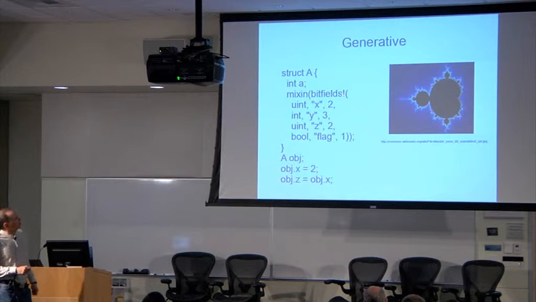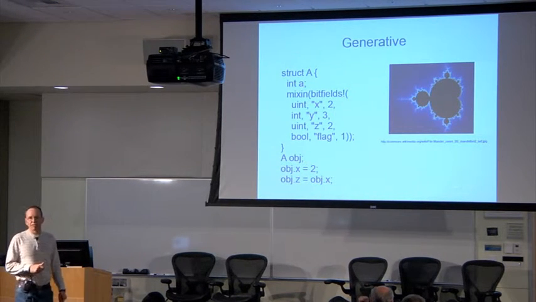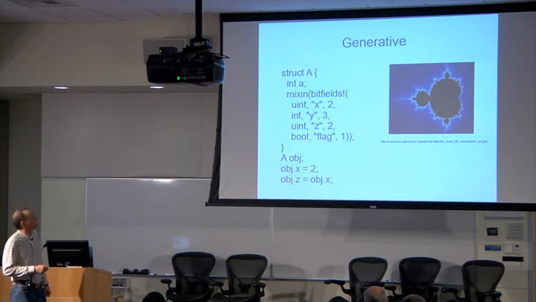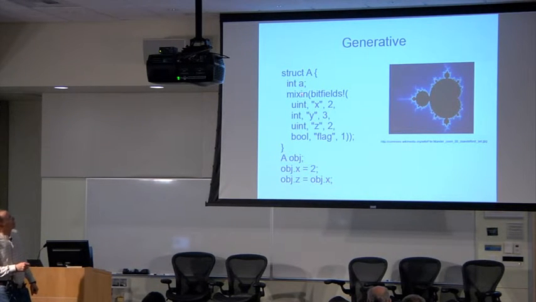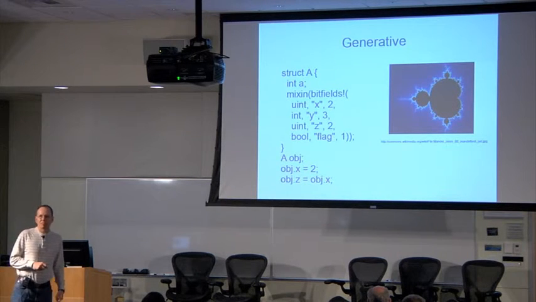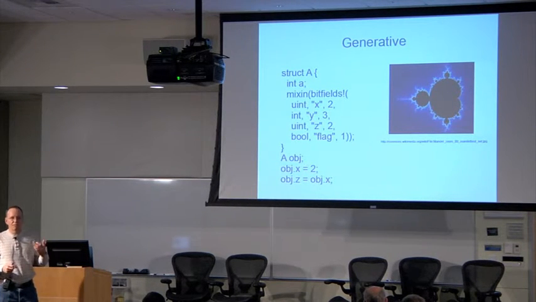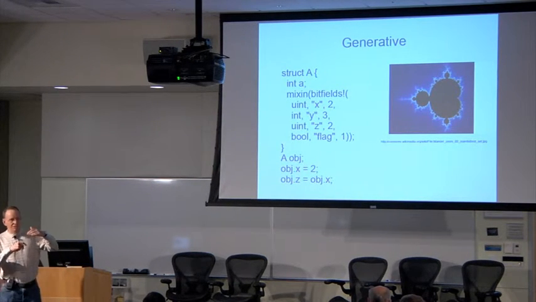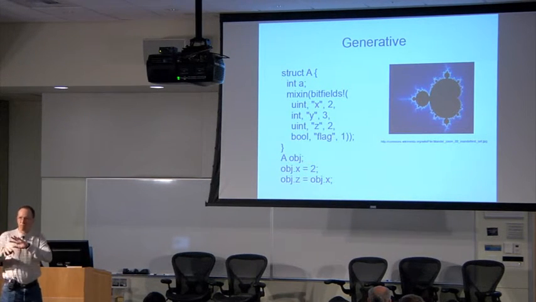What this returns is an actual string literal. It generates a string literal, and what the mixin statement does is tell the compiler, take this string literal and insert it into the code at that point and compile it as if it was typed in there.